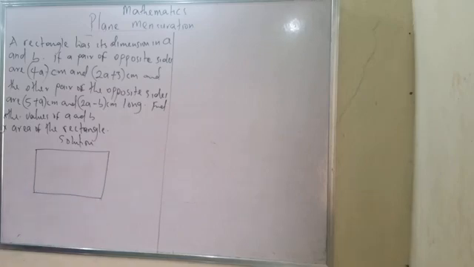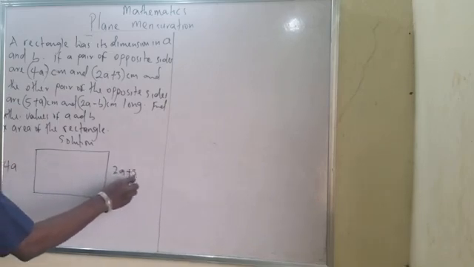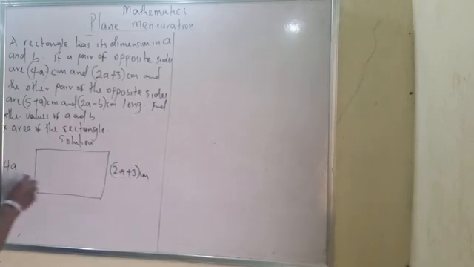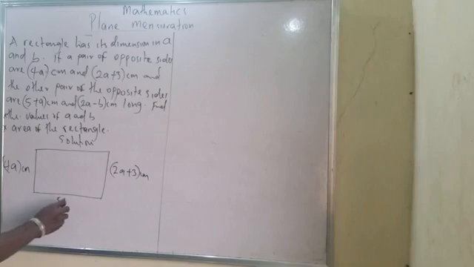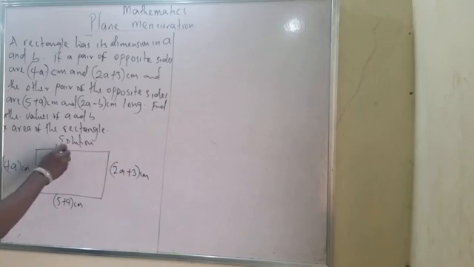The dimensions are A and B. The pair of opposite sides are 4A and 2A plus 3, both in centimeter, and the other opposite sides are 5 plus A in centimeter and 2A minus B in centimeter.